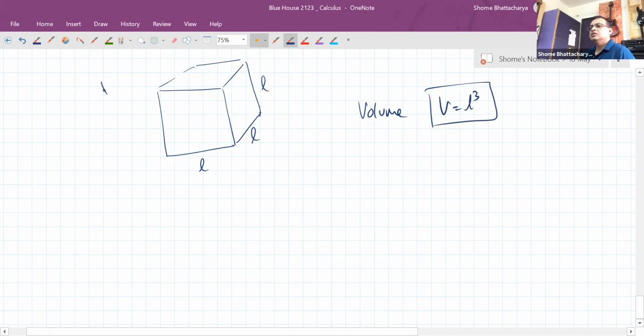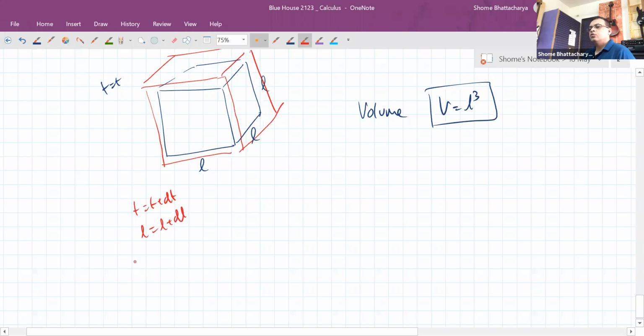If this is the situation at time t, now at a new time it's expanded slightly, so each of these dimensions becomes L plus dl. So the volume would also have become V plus dV.